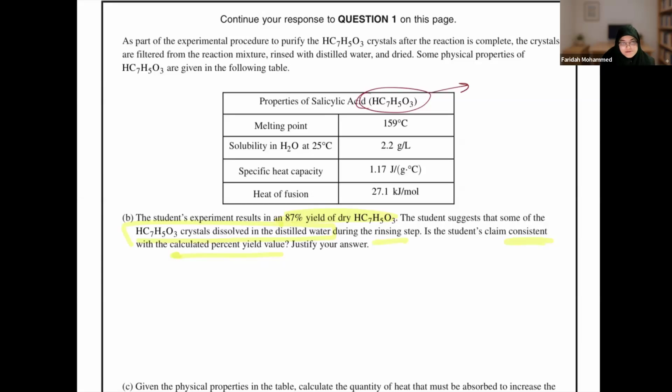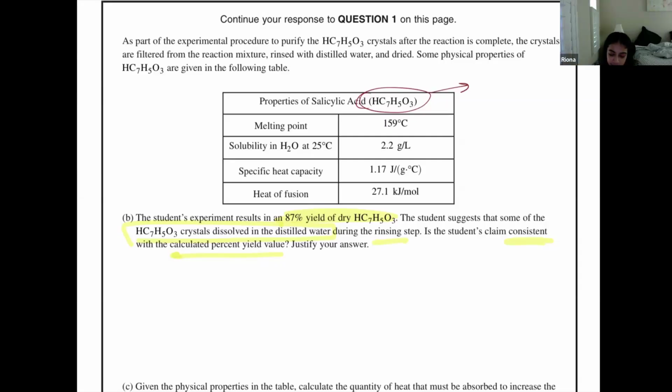That's why the mass of the precipitate is lower. And this leads to a lower percent yield. Because you're supposed to have 100%. Okay, but you're only, yeah, Rihanna?